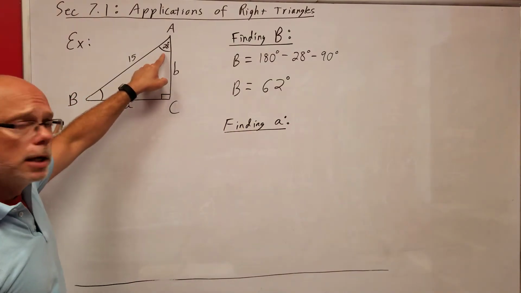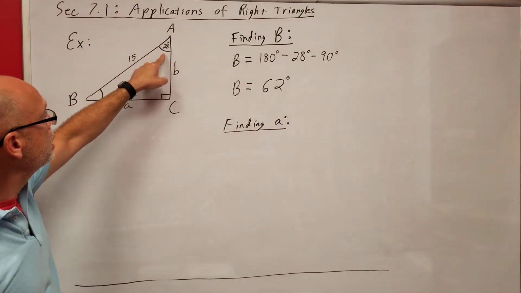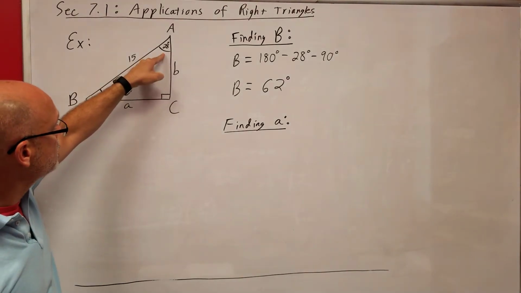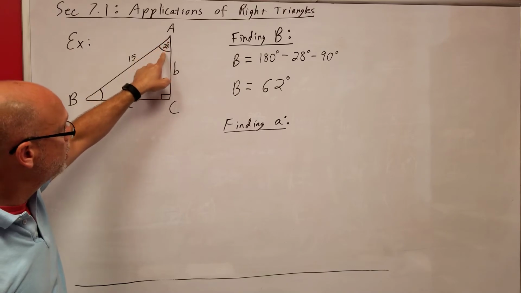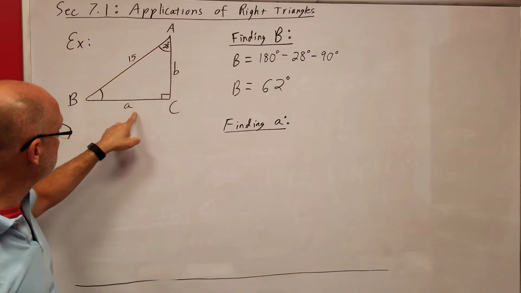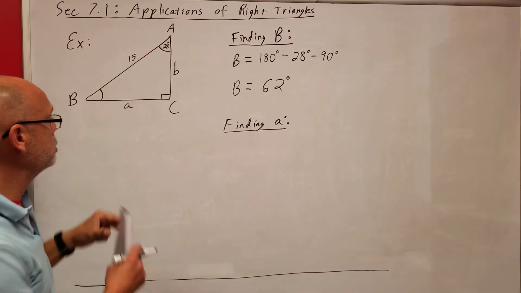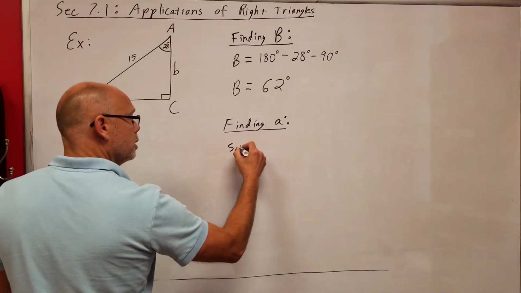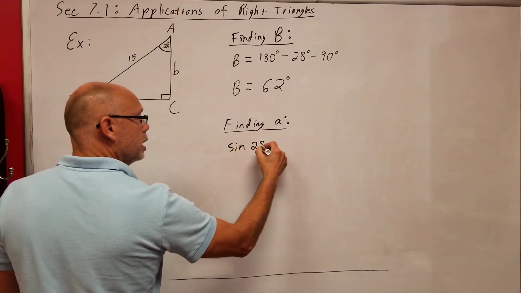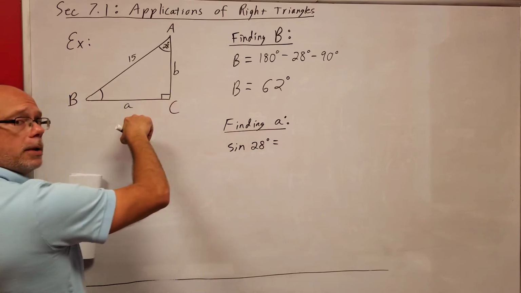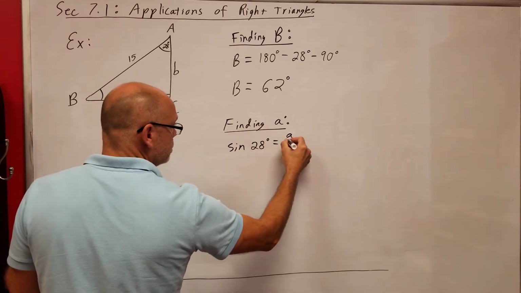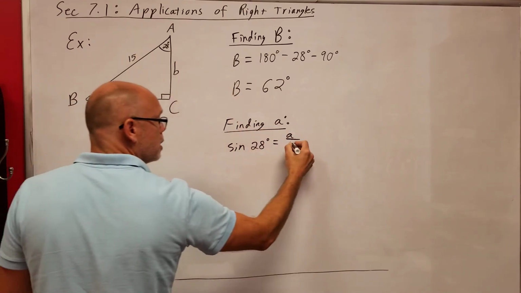All right, if I know this angle is 28 degrees, what could I say? I could say the sine of 28 degrees is opposite over hypotenuse, or the sine of 28 degrees is the opposite side, which is a, over the hypotenuse, which is 15.